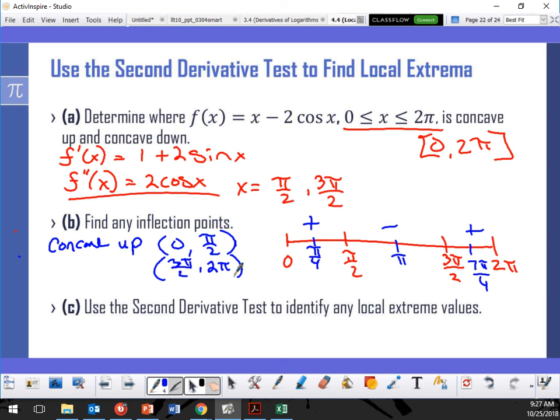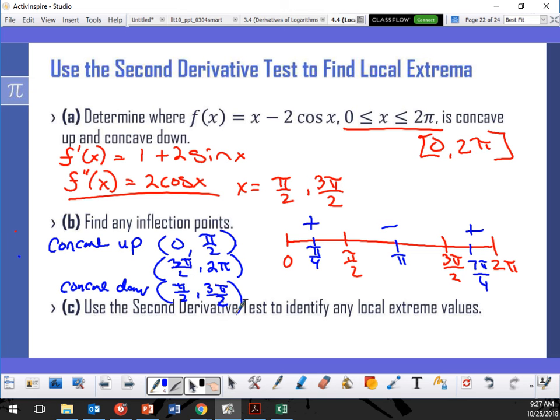All right, so concave down would be pi halves to 3 pi halves. And my inflection points are pi halves and 3 pi halves.